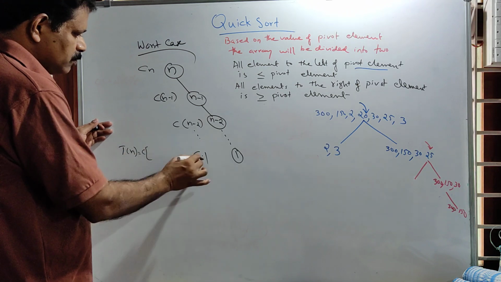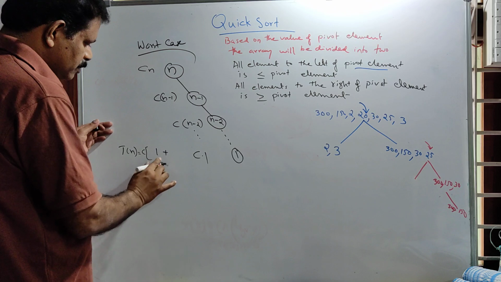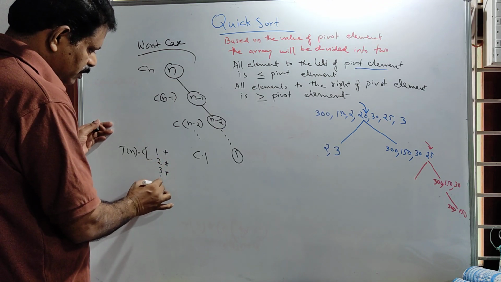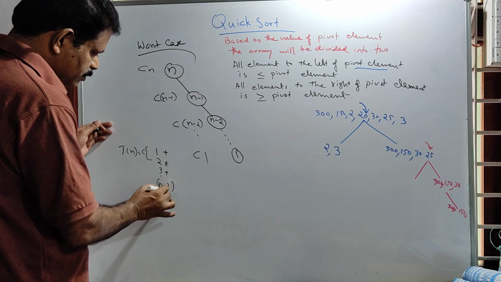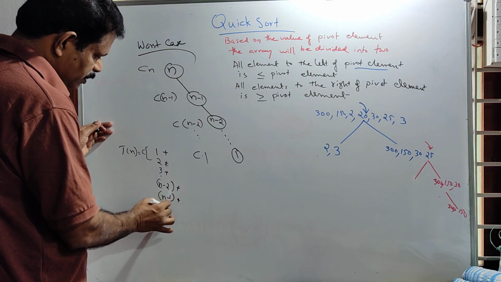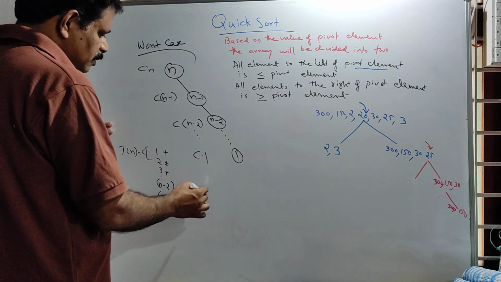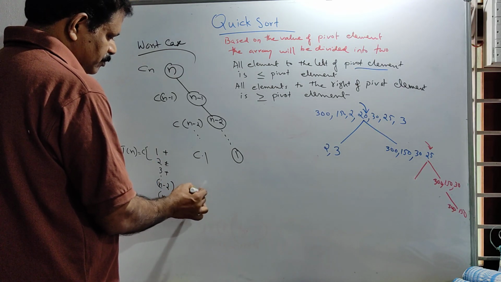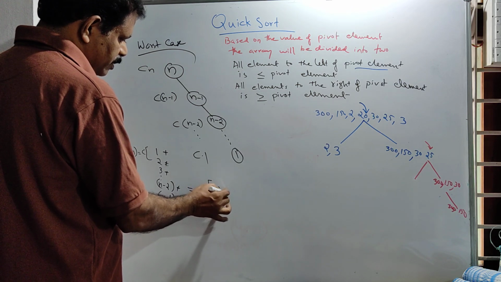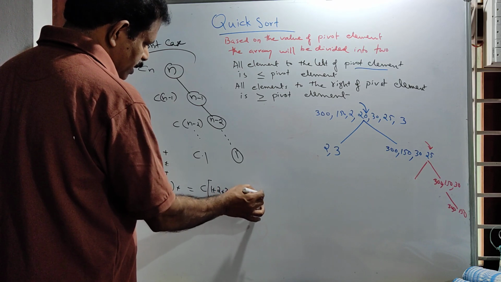C into 1 plus 2 plus 3 plus n minus 2 plus n minus 1 plus n. This is equal to C into 1 plus 2 plus 3 plus up to n minus 1 plus n.